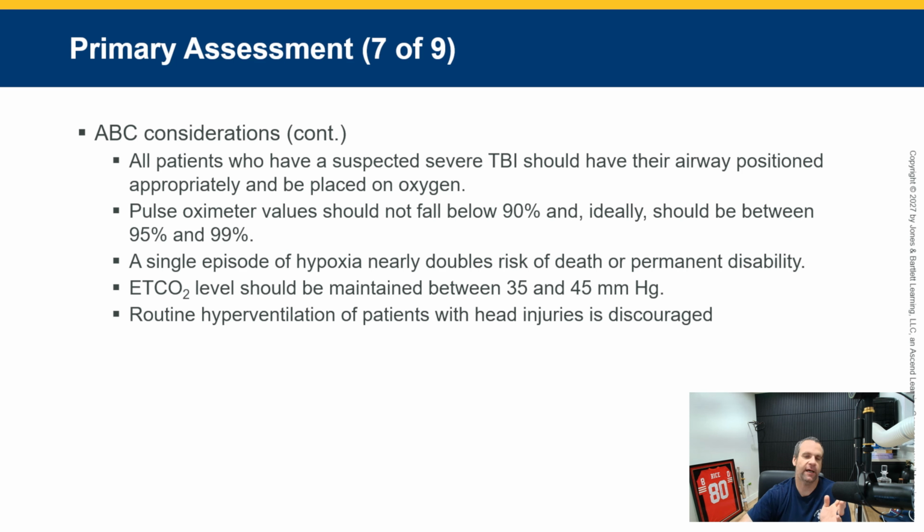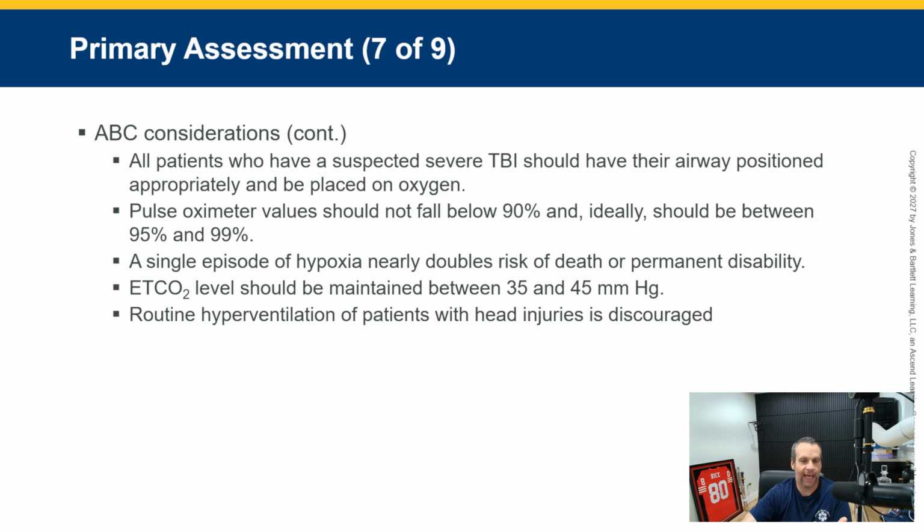For suspected TBI, you want to position the airway appropriately to provide oxygen, and you're really trying to maintain that SpO2 level between 95 to 99%, and then obviously you need to take more aggressive actions if it starts to fall below 90%.